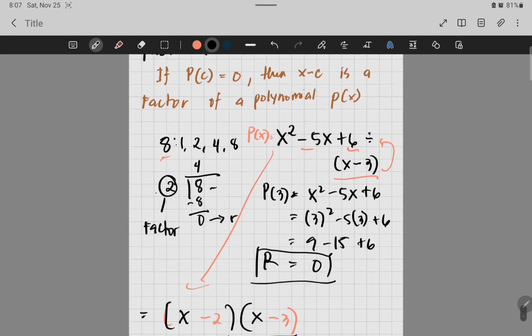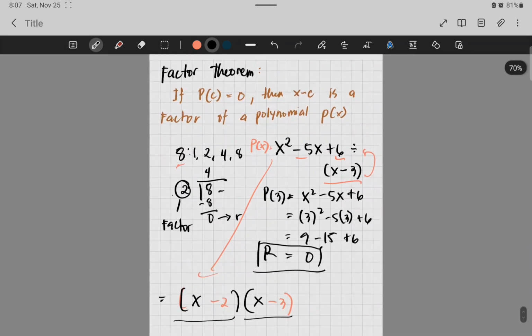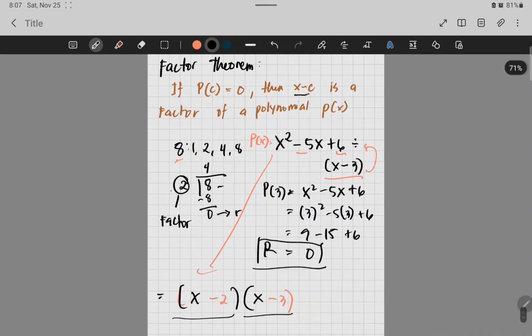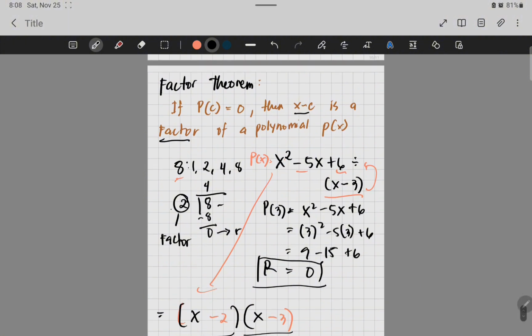In this factor theorem, we are going to state whether the given x minus c is a factor or not a factor. Okay, that is what we are going to do. Find the remainder, and when the remainder is 0, that means it is a factor. But when the remainder is non-zero, then this is not a factor of the given x minus c.